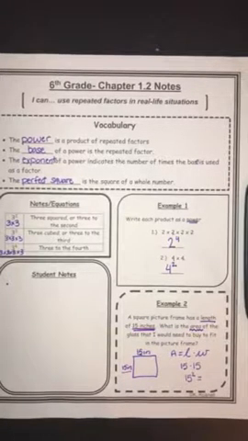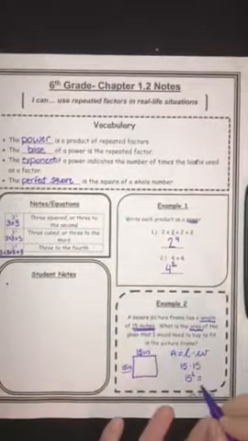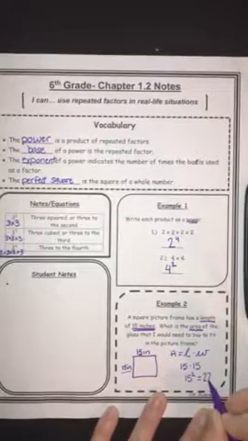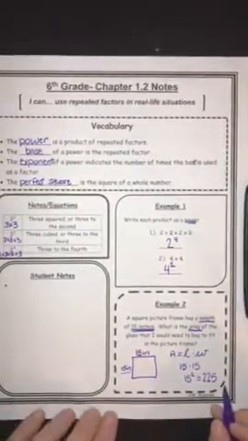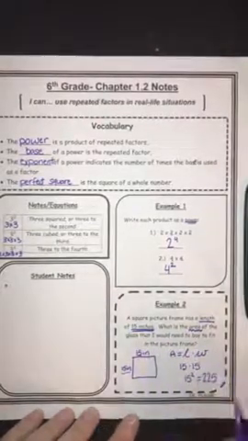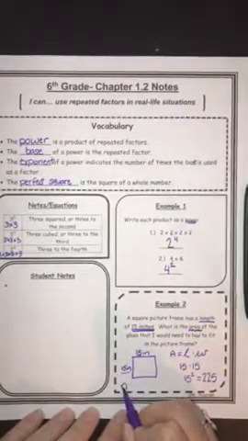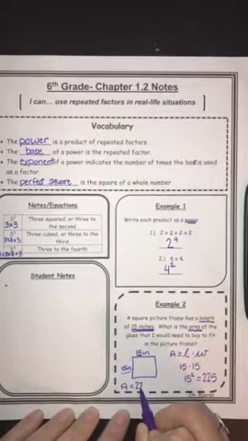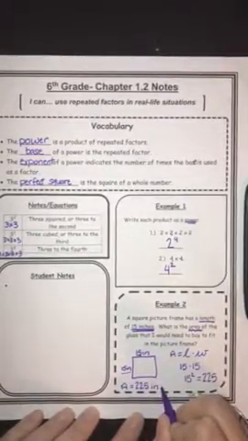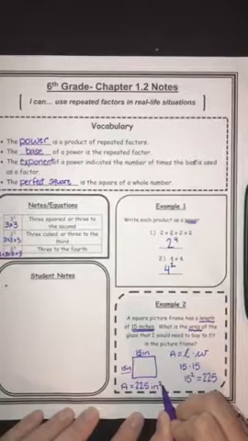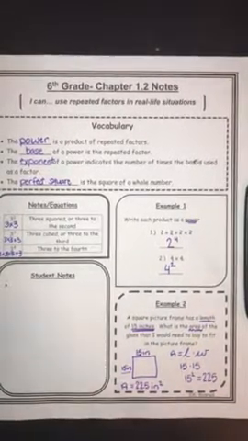But 15 squared is equal to 225. Now what does that mean? We wanted to find the area of the glass. So the area would equal 225 inches squared. Don't forget that squared.